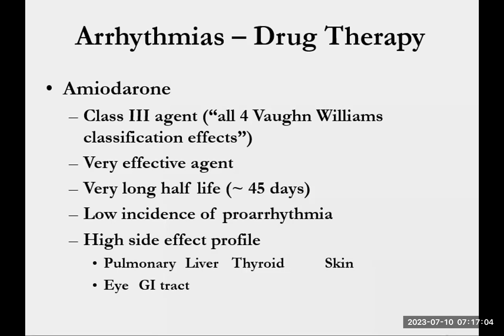It can cause discoloration of your skin, particularly in the sun. And it's always important when you have patients on amiodarone to remind them of the critical importance of using aggressive sunscreen protection, particularly in the summertime, because sun can cause a very unusual blue discoloration of the skin if you're on amiodarone.